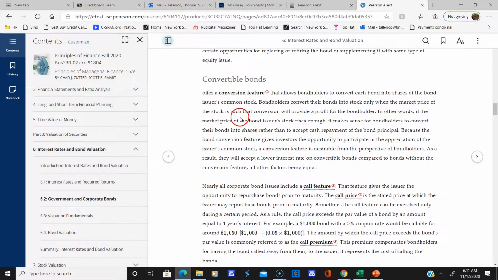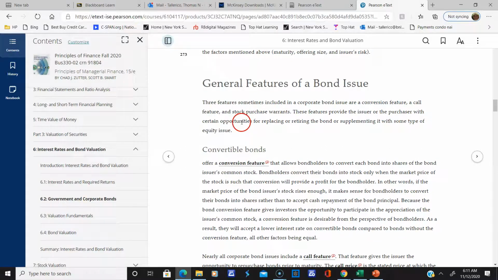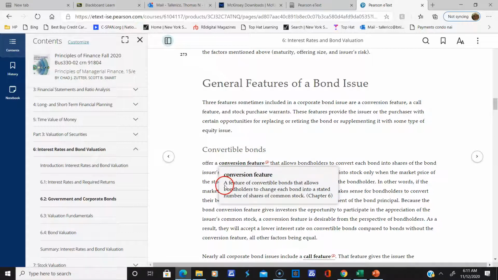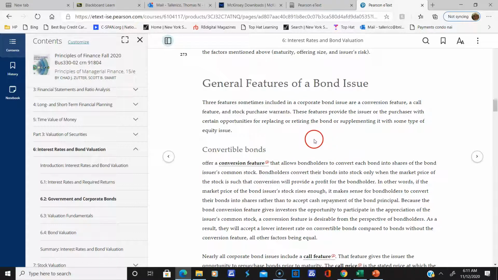All right, I'm going to shoot over to a convertible bond because that's an interesting bond. And bonds that are convertible have what's known as a conversion feature. It's a feature that allows bondholders to change each bond into a stated number of shares of common stock. But there's a time period by which you can do that, okay? It's in the indenture, and it'll say you have until this time to convert.